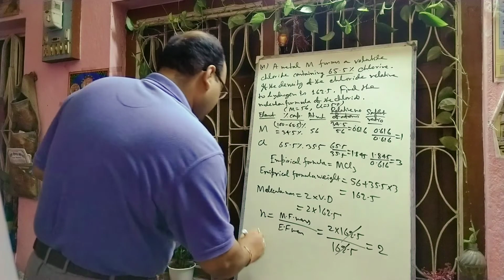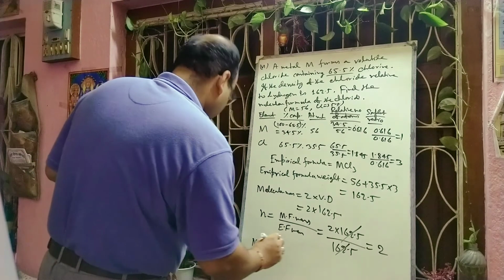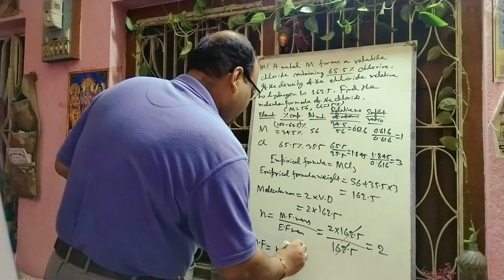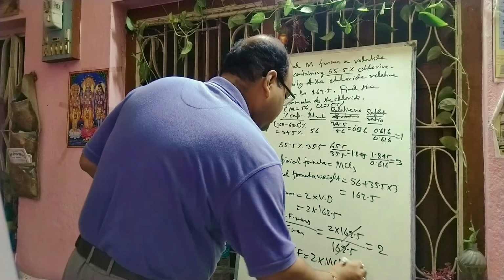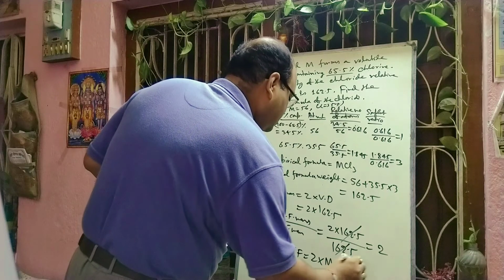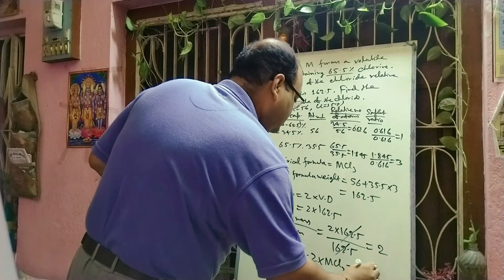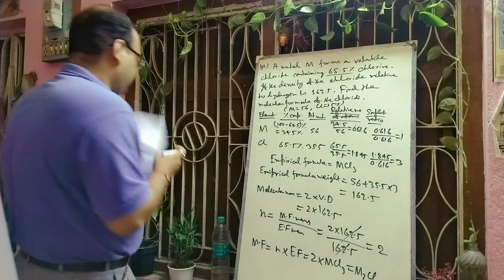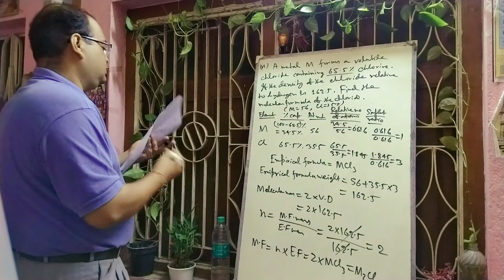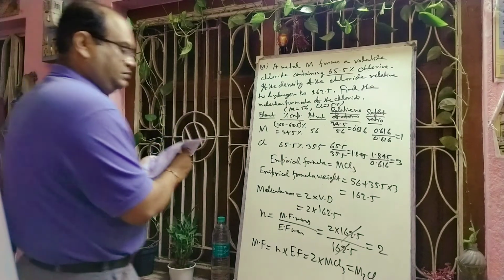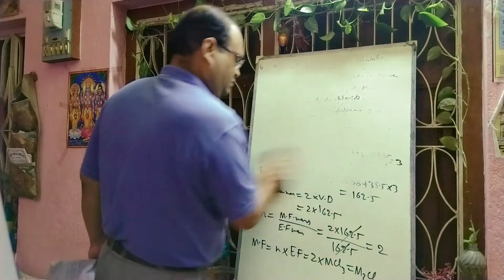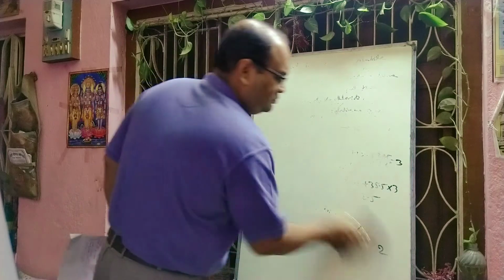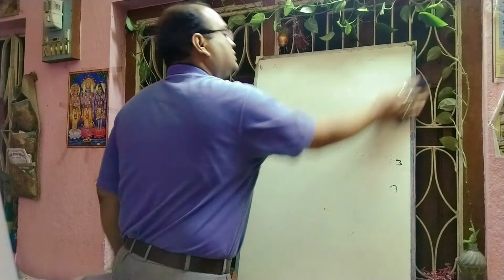So the molecular formula is equal to n into the empirical formula, that will be 2 into MCl3, which is M2Cl6. So your answer is M2Cl6.